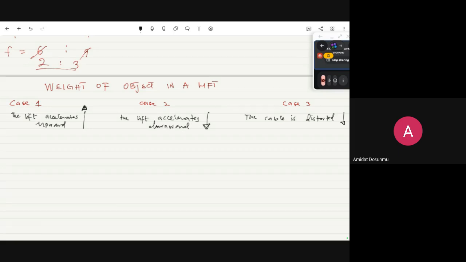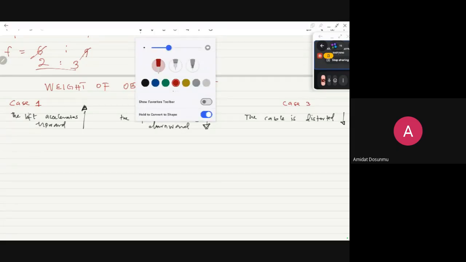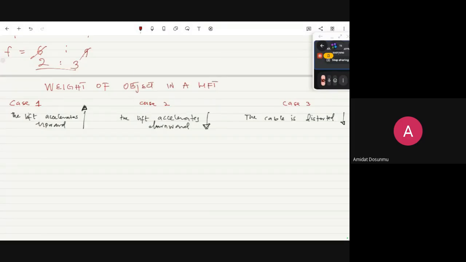So in a case whereby it's accelerating upwards, the tension is the force on the rope. So that tension, which is the rope of the lift, is greater than the weight of the object inside the lift. So this tension is greater than what? The weight of the object.